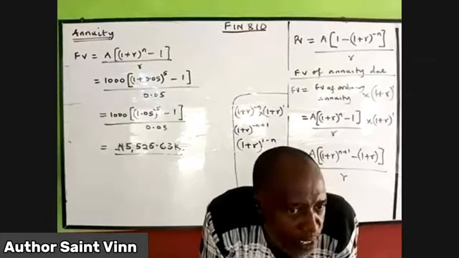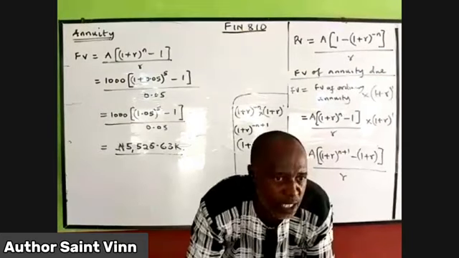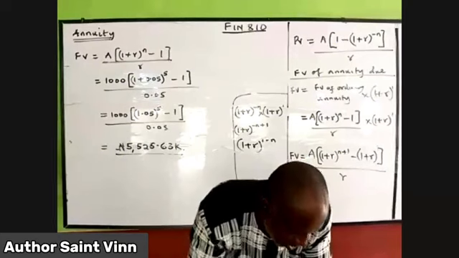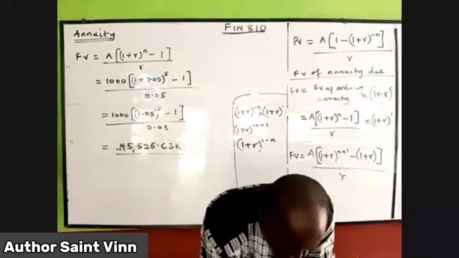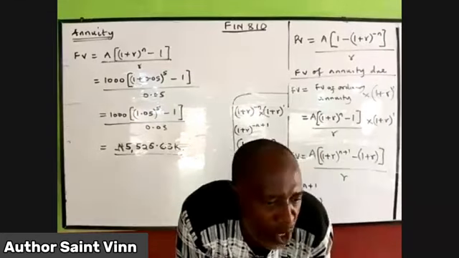Sorry, sir, can you take question A again? If the appropriate discount rate is 4%, what is the present value of this annuity?